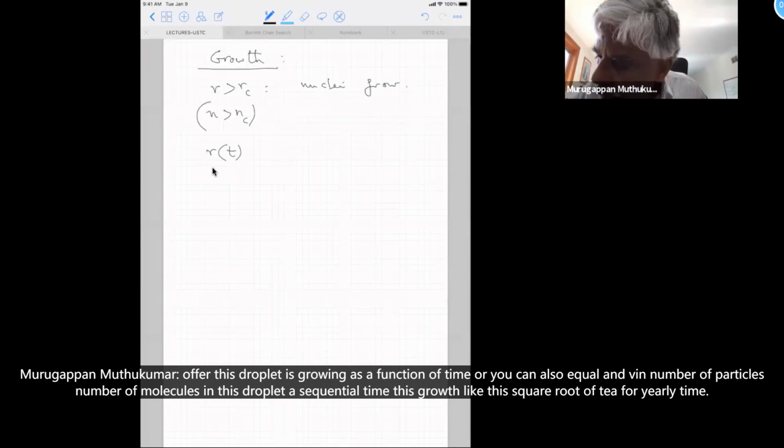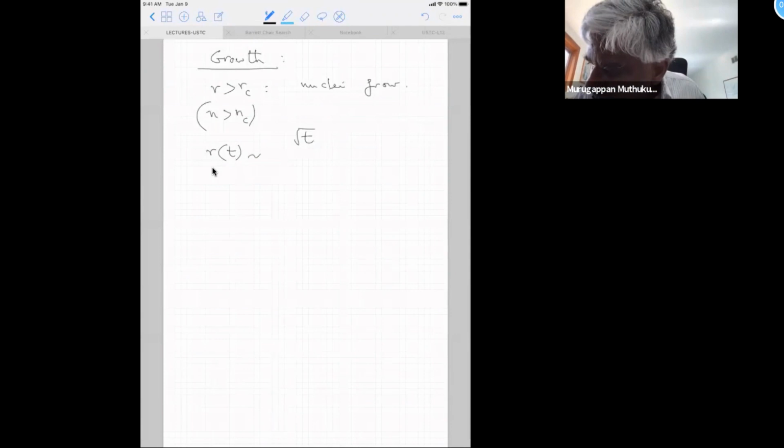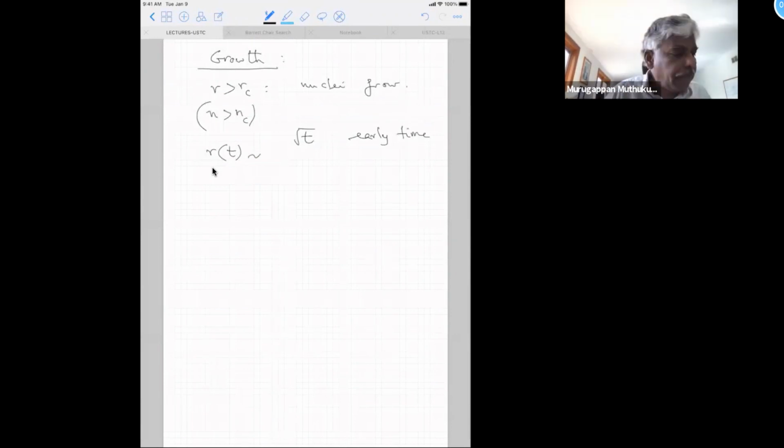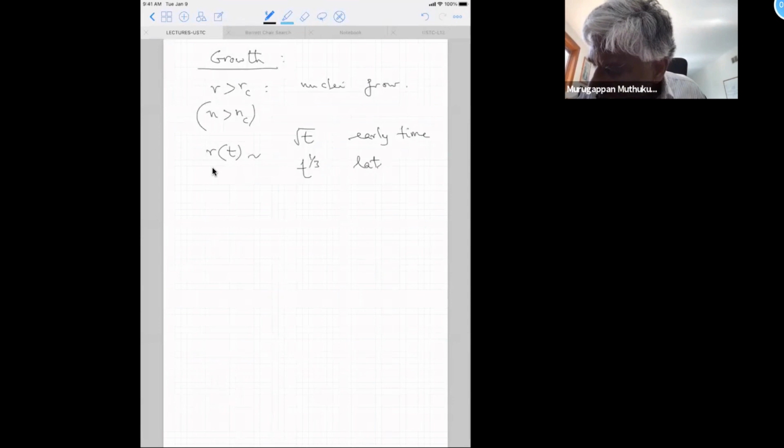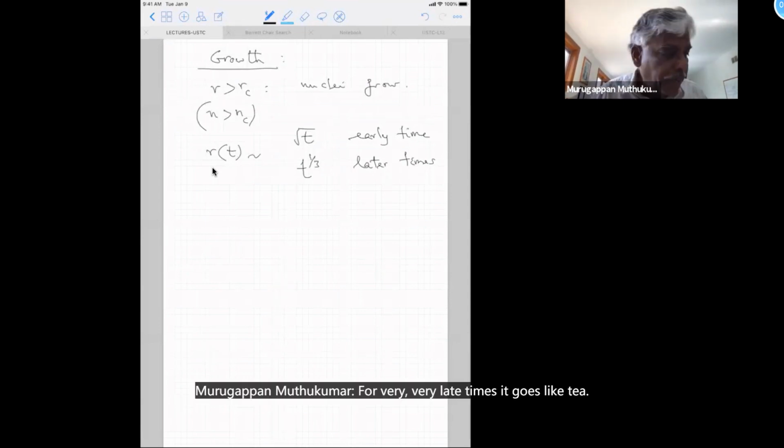This grows like square root of t for early time. Okay, and t to the power 1/3 for later times. For very, very late times, it goes like t.